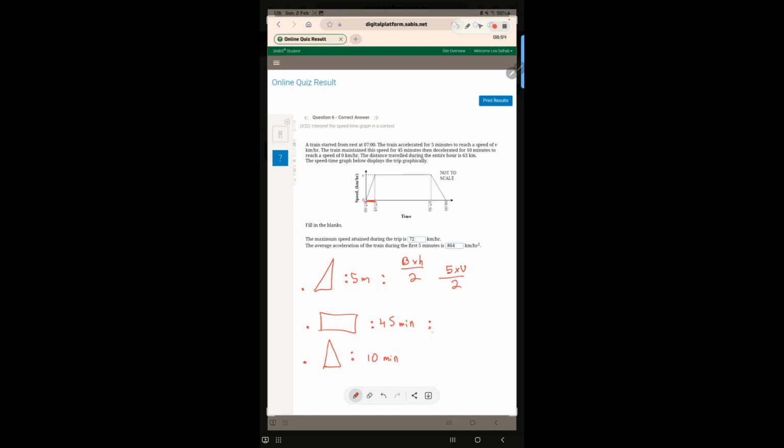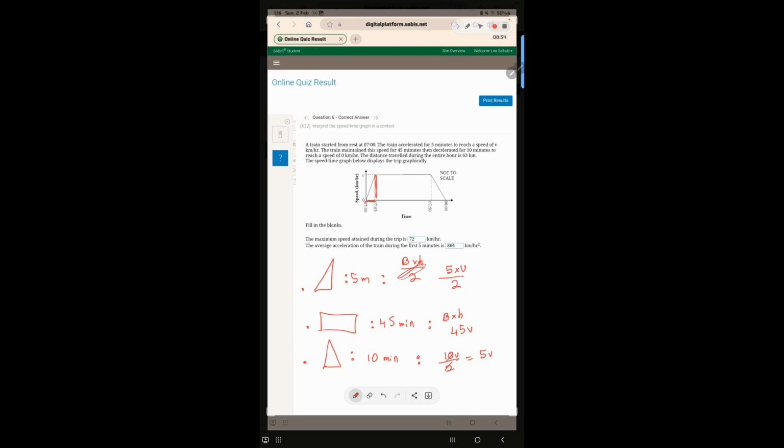Then for here, it's base times height, or side times side, same thing. You have 45 times the height, which is v here, and then here it's again base times height over 2. You have 10v over 2. Divide 10 by 2, which just gives you 5v.